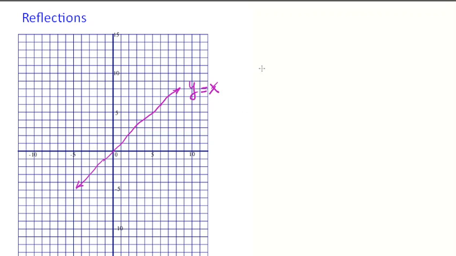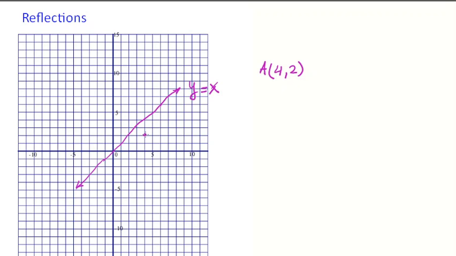And well, let's say that we have a point here, point A, and the coordinates of this point A are, let's say, 4 and 2. So if I plot this point here, here would be 4, and here it's 2. So this is my line of reflection.